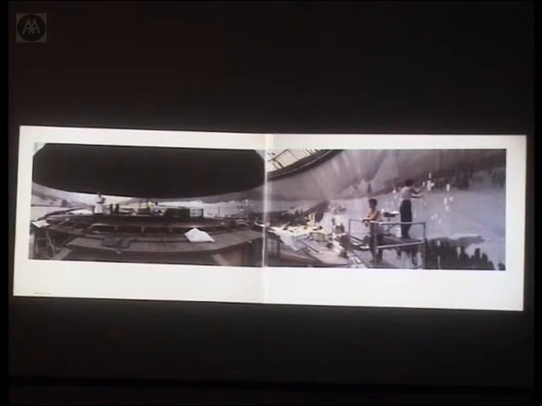What we're looking at, as you can see, is a curving wall, and the wooden structure in the left-hand half of the composition is actually the viewing platform that a member of the public might have climbed up into in the late 19th century in order to view the panorama.